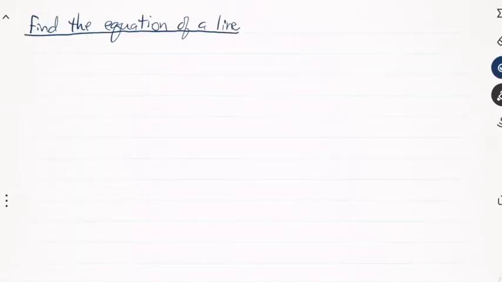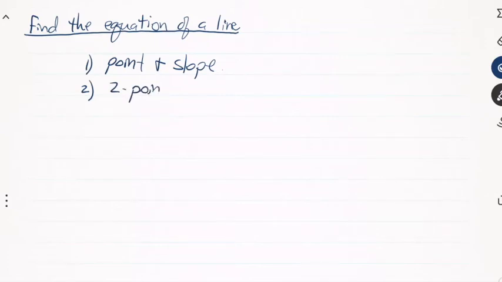When we are looking for an equation of a line, and this part becomes kind of important for a lot of my problems, technically there's only one method of doing it, but there's two varieties of problems that could be thrown at you. One of them will have a point and a slope, which is the general idea of what a line is, and then the other one will give you 2 points.